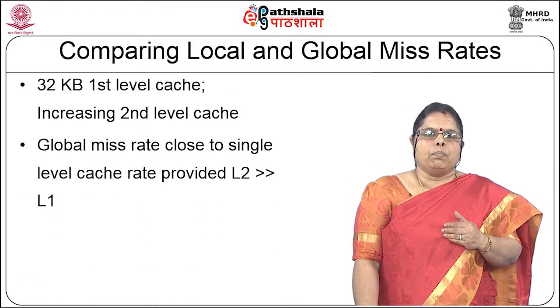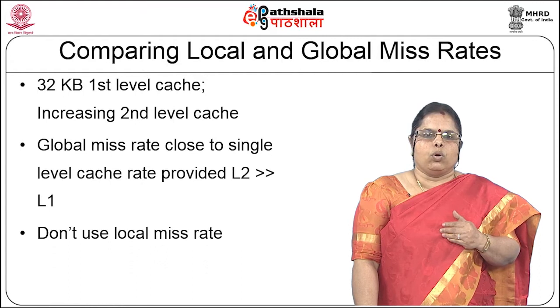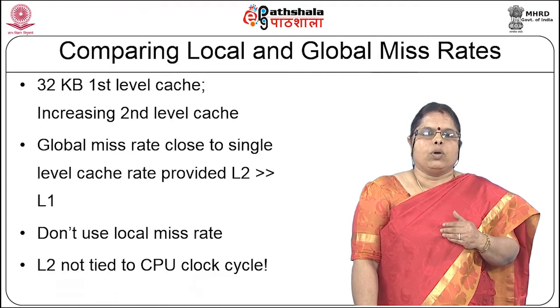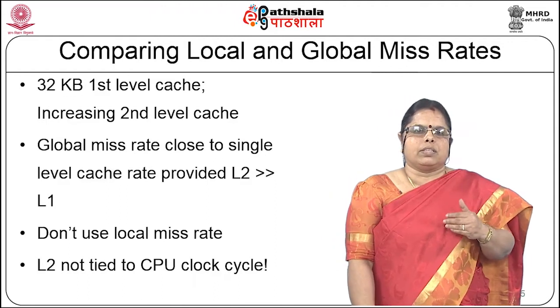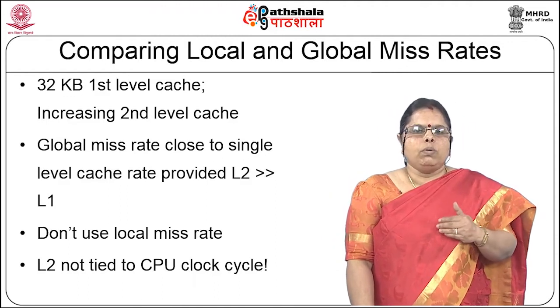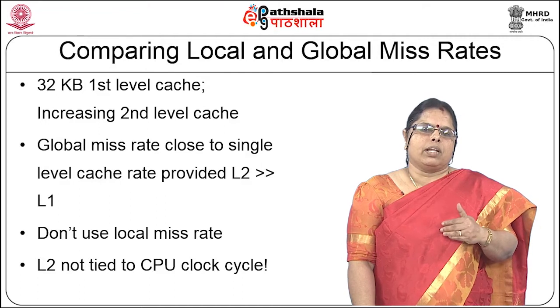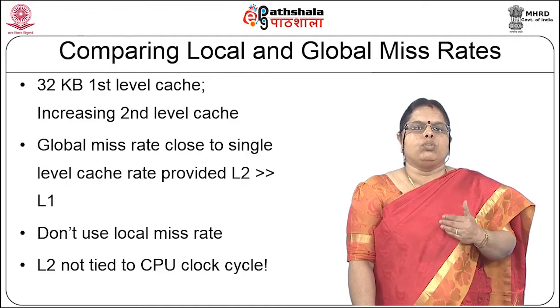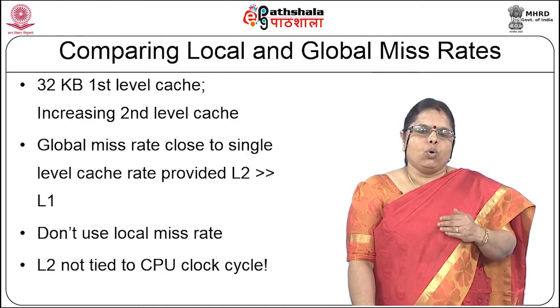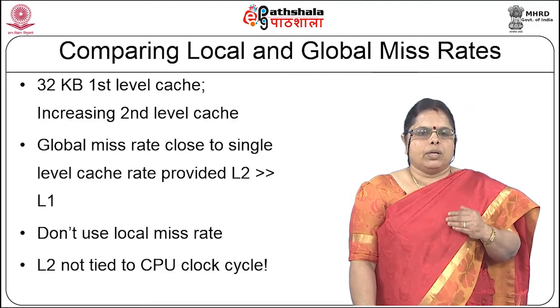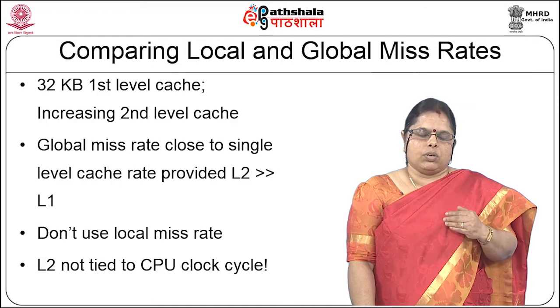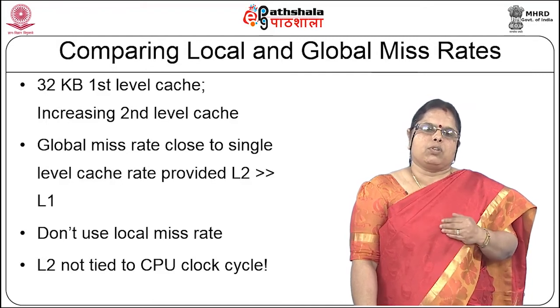Now, if you compare the local miss rate and the global miss rate, assume that you have a 32 KB first level cache and you keep on increasing the second level cache. The global miss rate is close to the single level cache rate provided L2 is far larger than L1, and you should not use the local miss rate as your performance measure; use only the global miss rate as a measure of performance.